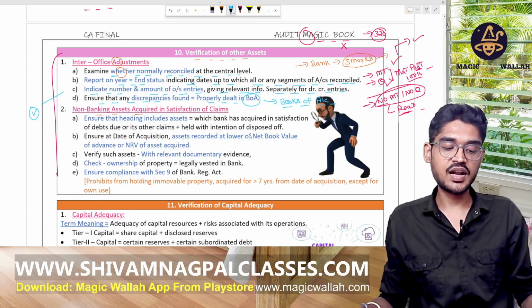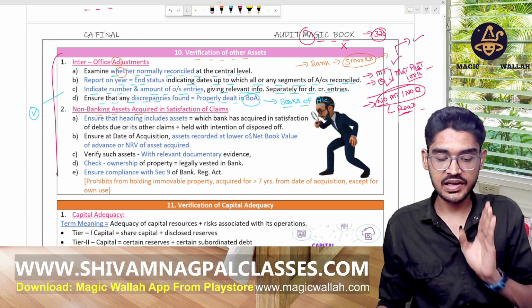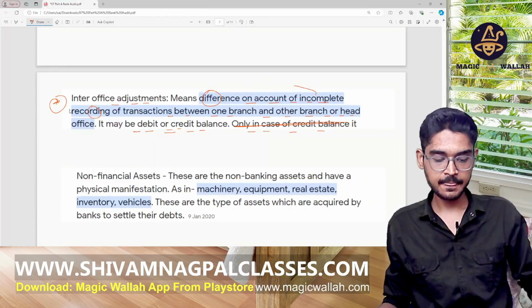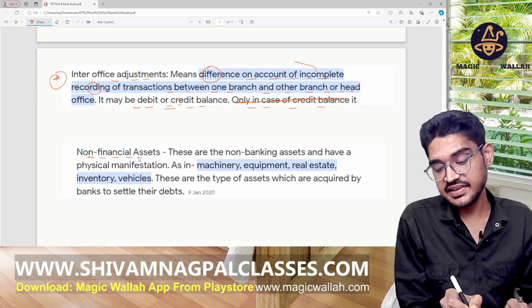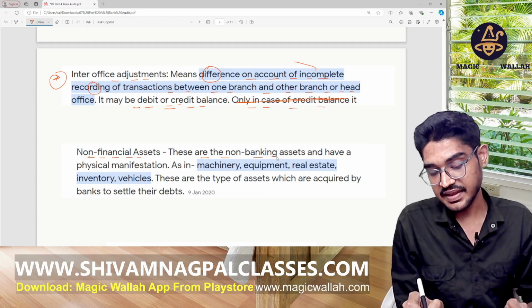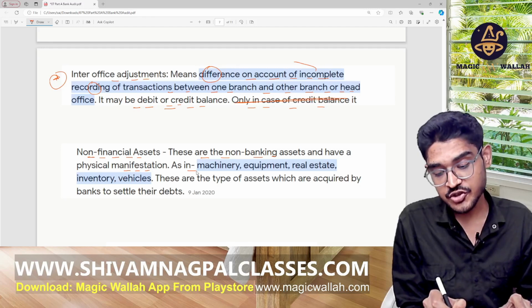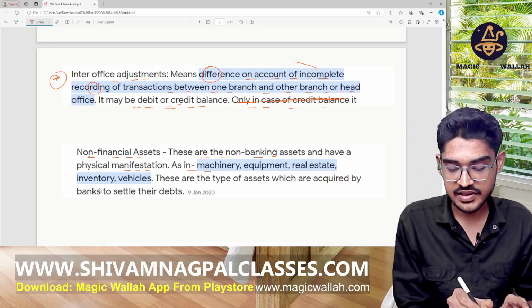Now for the non-banking assets acquired in the satisfaction of the claim. What do you mean by non-banking assets? Let's understand this. It means non-financial assets, you can say. These are the non-banking assets and have a physical manifestation, as in machinery, equipment, real estate, inventory, or vehicles.